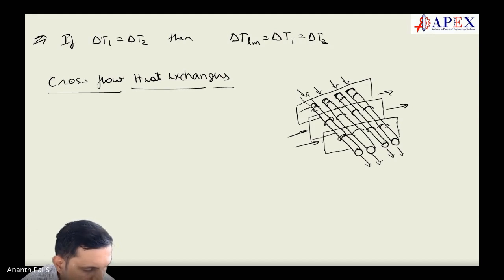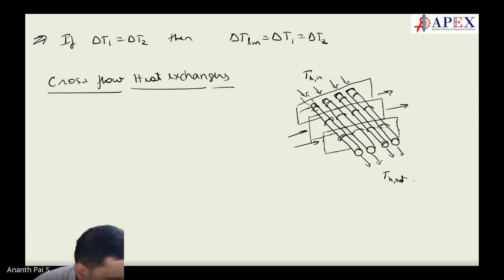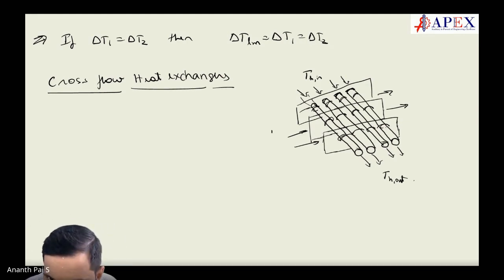So if you consider this cross flow heat exchanger, I'll say this is TH in and this is TH out. Okay, and then here we have TC in and this is TC out.